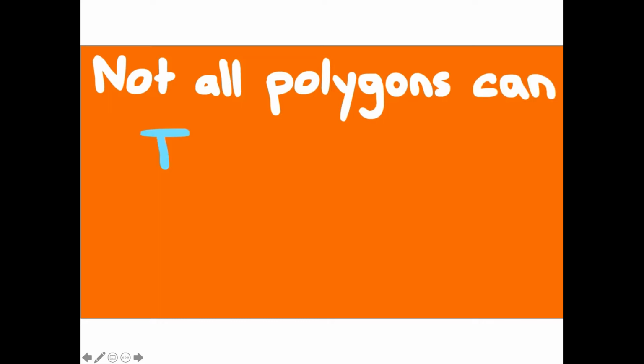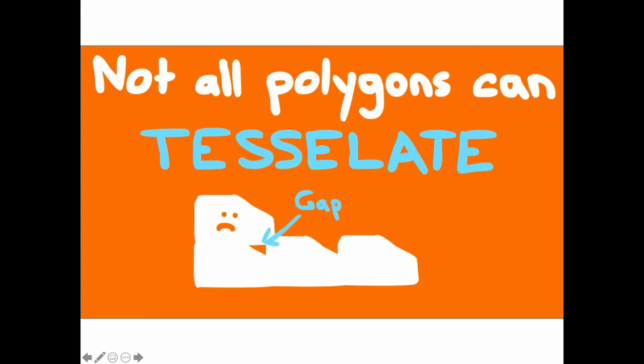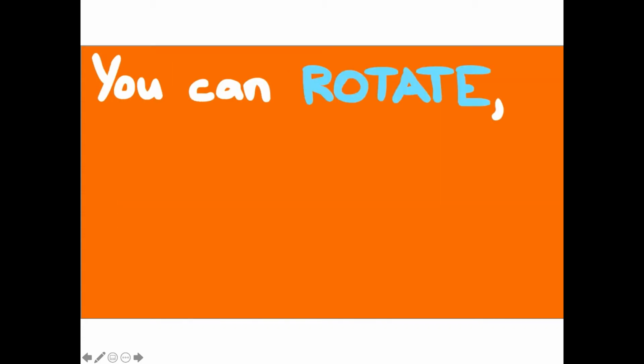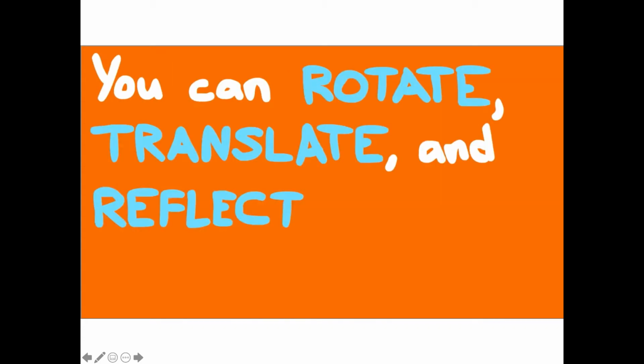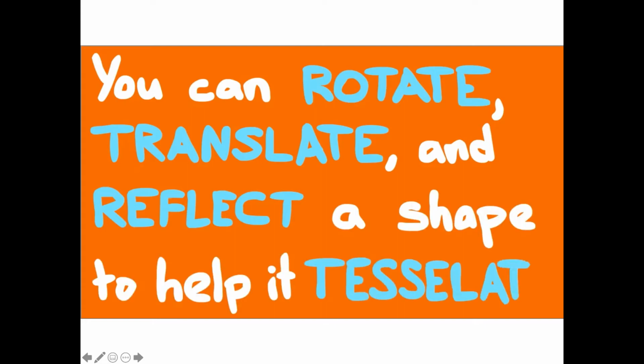Rotate, turn it round, translate, shift it left, right, up or down, reflect, copy it across an axis of symmetry. Rotate, turn it round, translate, shift it left, right, up or down, reflect, copy it across an axis of symmetry.